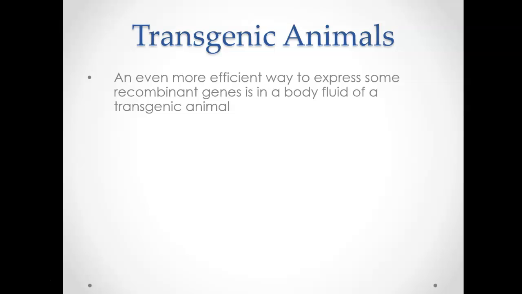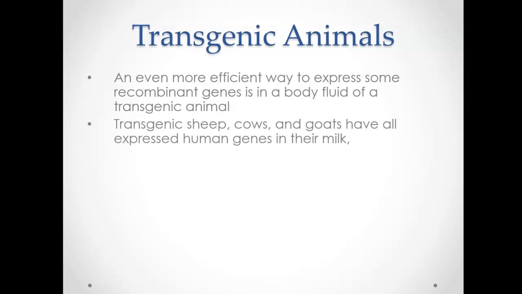But what if you could get that same protein from the milk of an animal, for example? So they have been using, and it's mostly in experimental phases right now, sheep, cows, and goats. They have been putting human genes into them, and these animals will produce the gene products in their milk.